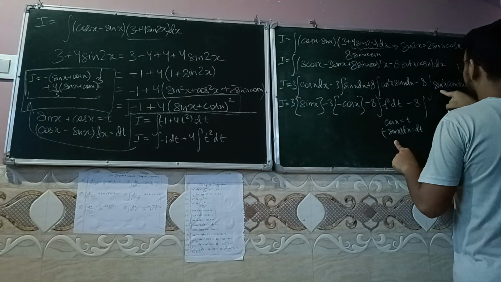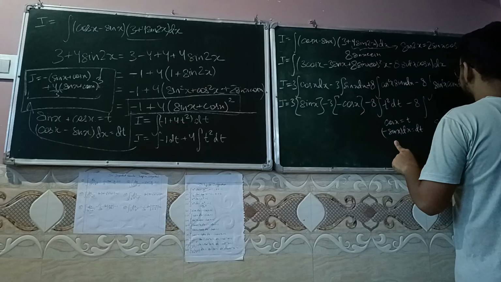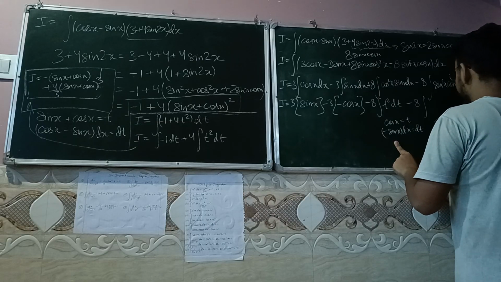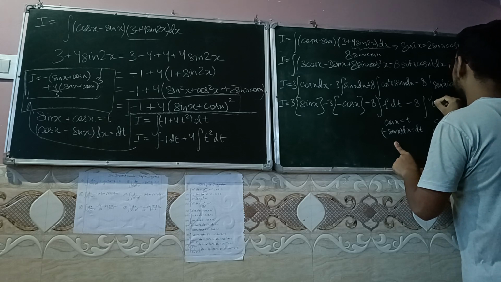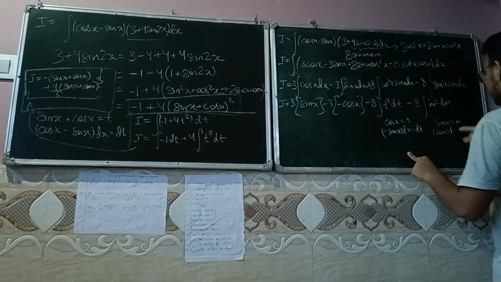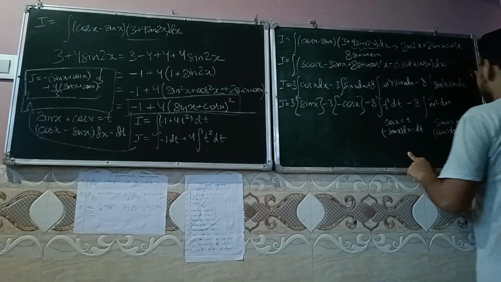In this, again I'm doing that thing. Sin x is m, so cosine of x dx is dm. So m squared dm.